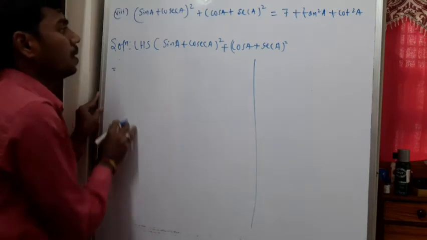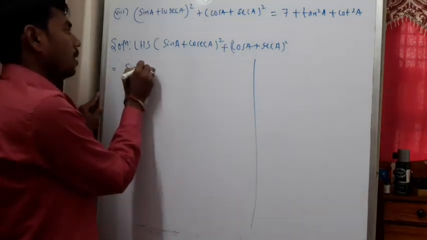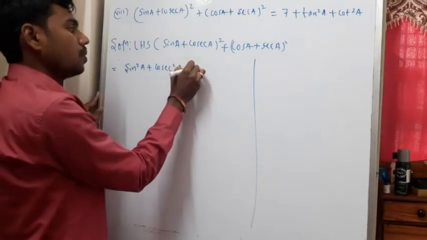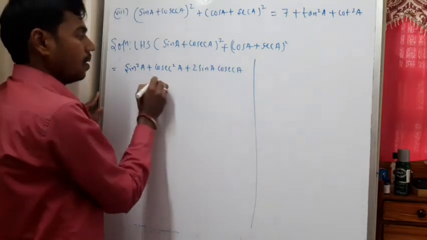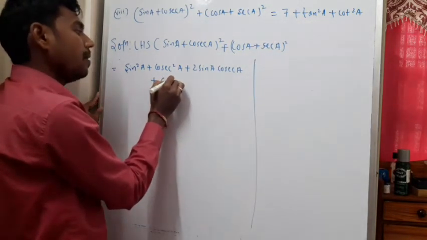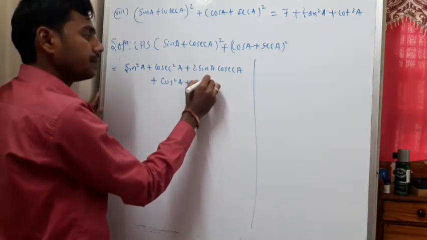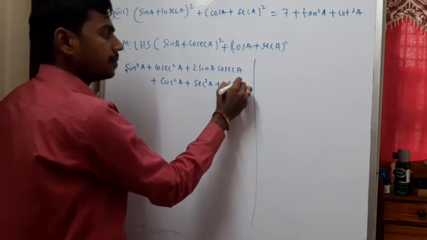Now we'll expand: sin square A plus cosecant square A plus 2 sin A cosecant A plus cos square A plus secant square A plus 2 cos A secant A.